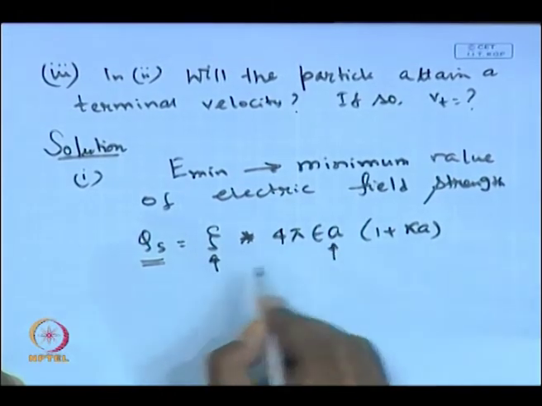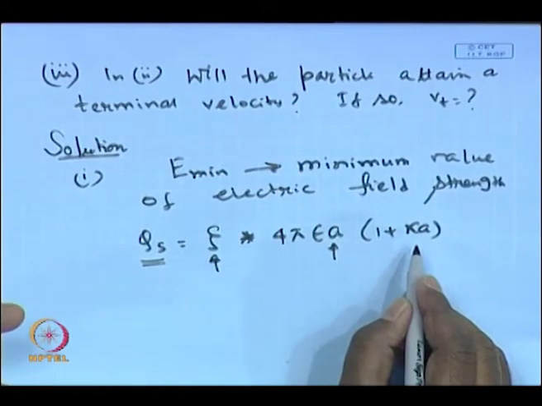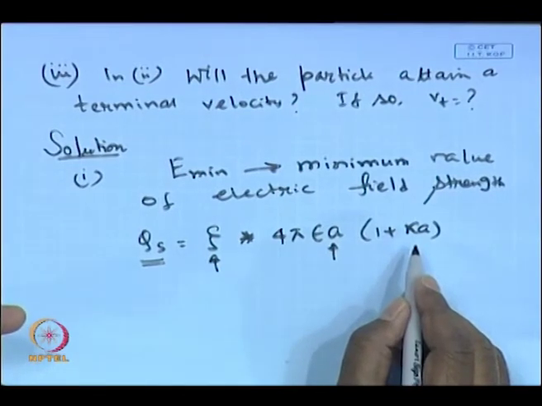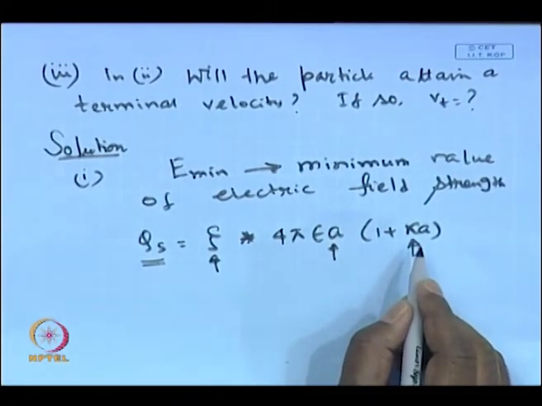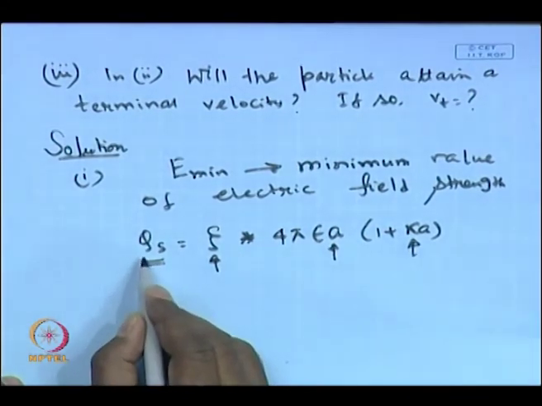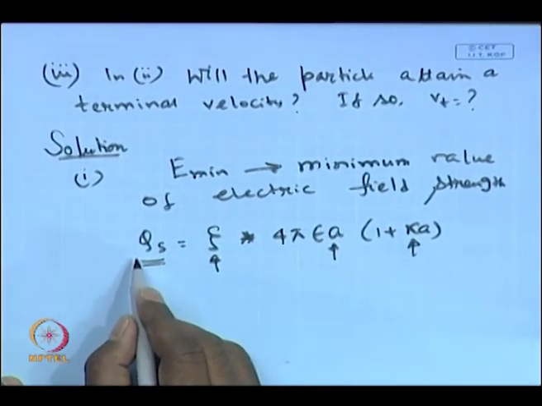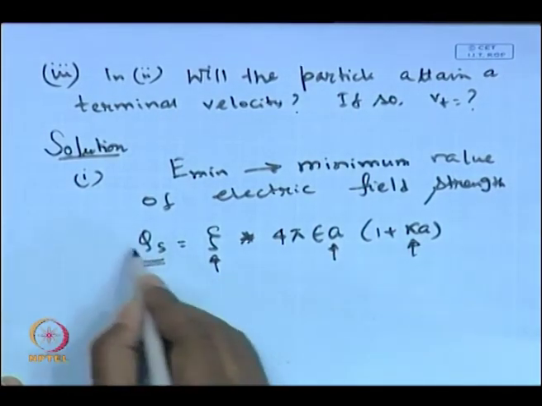A is also given, and kappa you can calculate, because the sodium chloride electrolyte concentration is given and the nature of the electrolyte is known. So, you can know the value of kappa the same way we have done earlier, and A is known. So, the whole right hand side will be known.